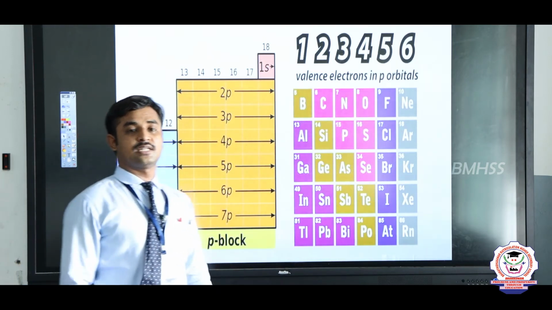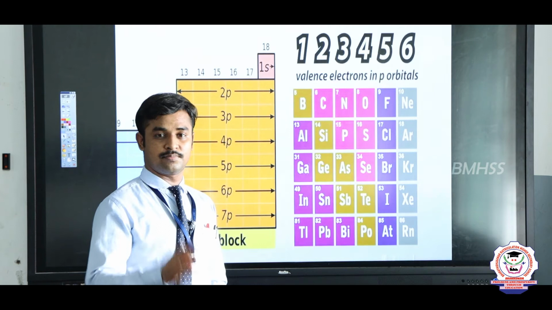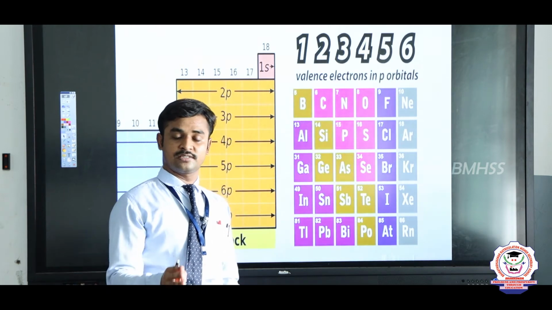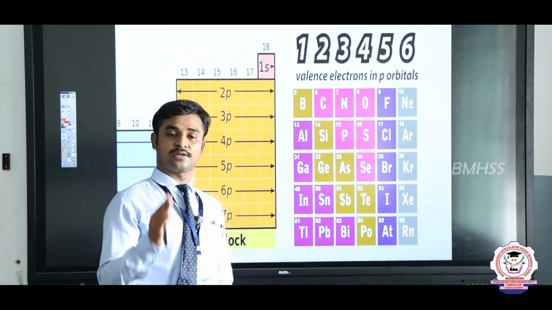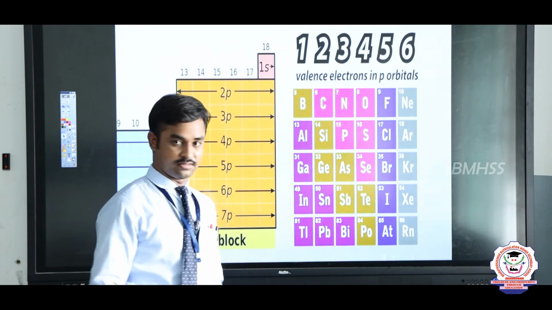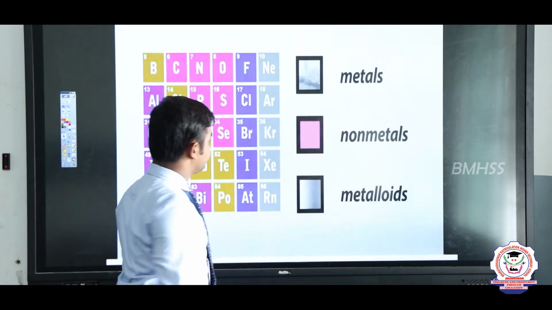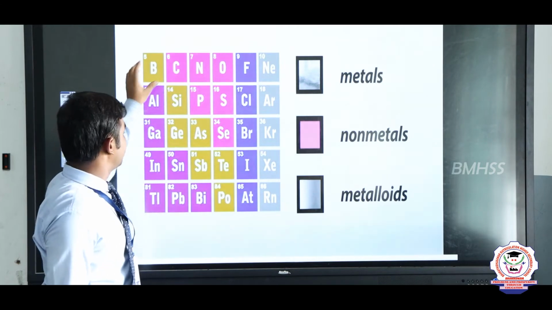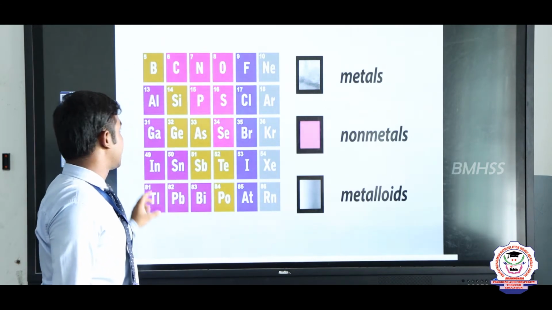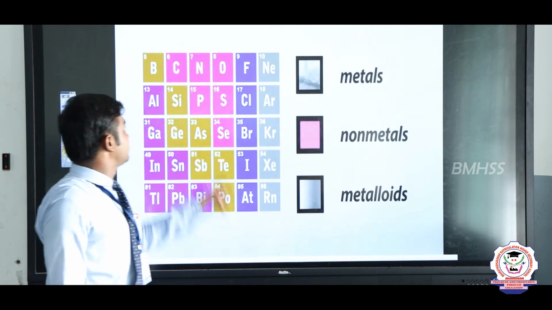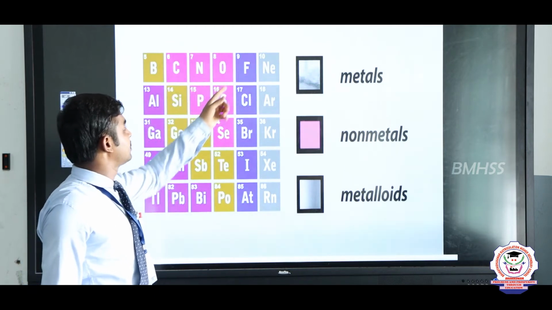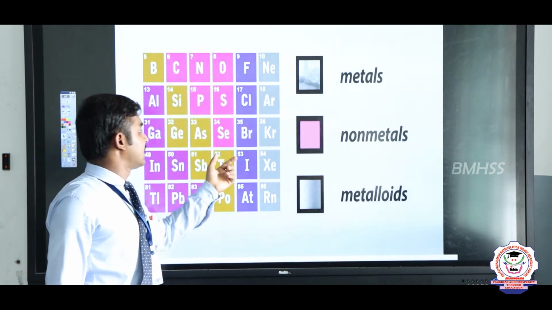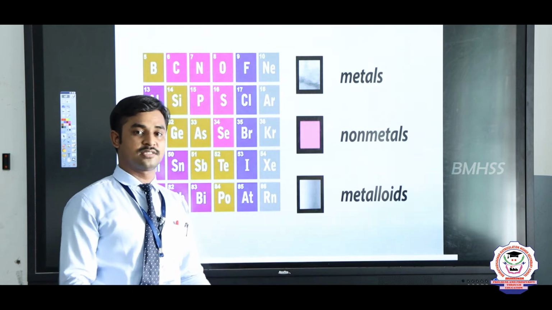So only these elements are called P block elements, in which the last electron enters the p orbital. In this P block, boron is the only non-metal in its group; aluminum, gallium, indium, thallium are metals; and carbon, nitrogen, oxygen, phosphorus, sulfur, selenium are non-metals.